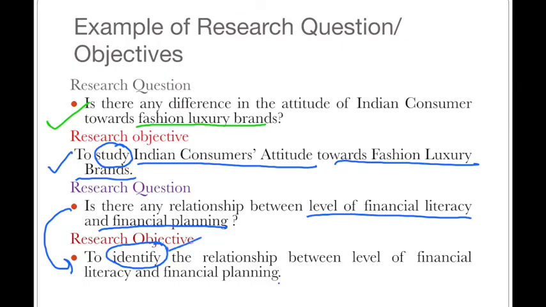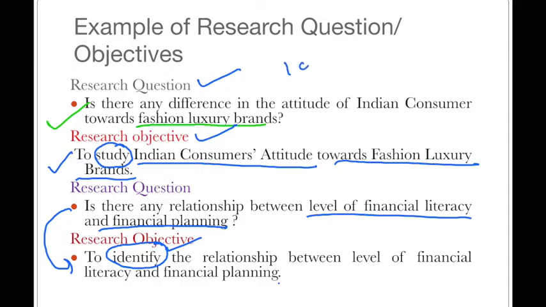And we have this flow: question, objective, and hypothesis. Hypothesis I'll be taking up in my next video. I hope this is clear in your mind that we start with the question, then we go to the objective. But I may have 10, 12 questions in my mind, and I can club those questions and frame 5, 6 objectives on that.